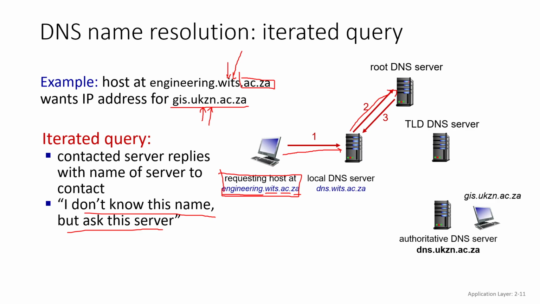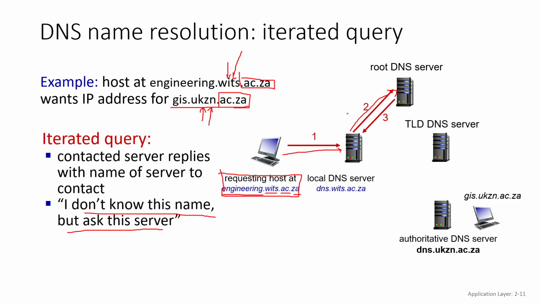I don't know that one, but I can bring you down to the top level domain. The root DNS says, okay, fine. I have the URL, and it just takes ac.za and brings it down to the local DNS.